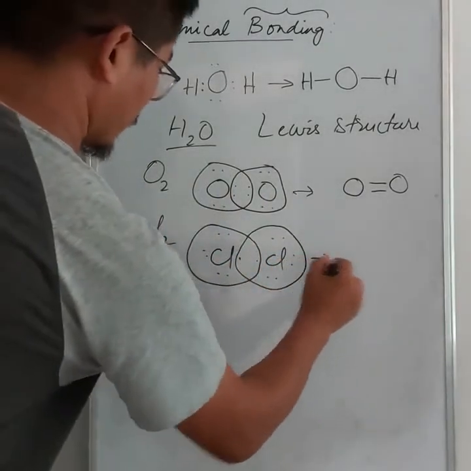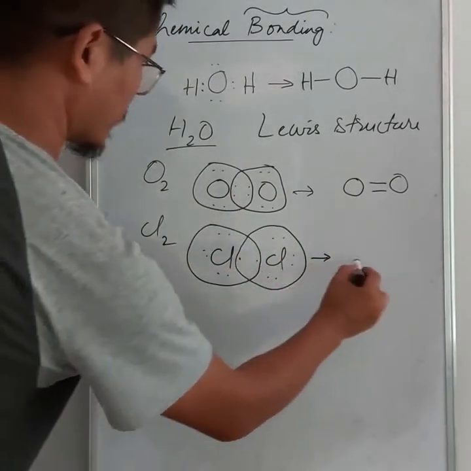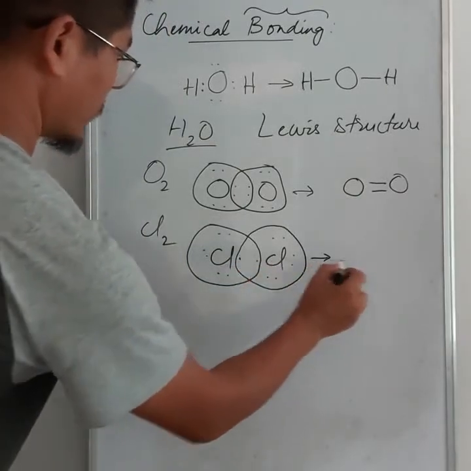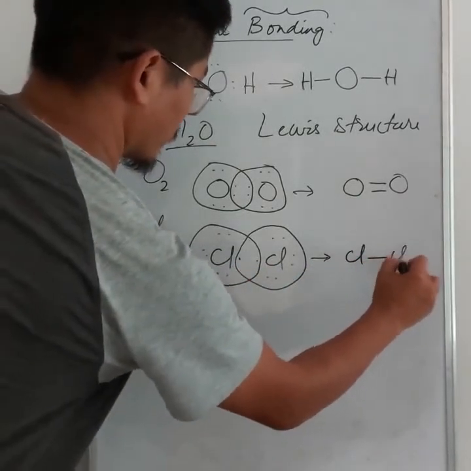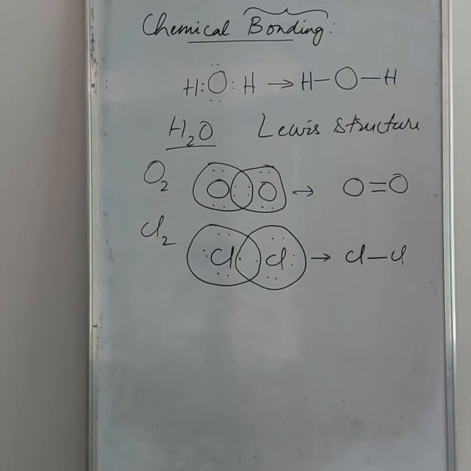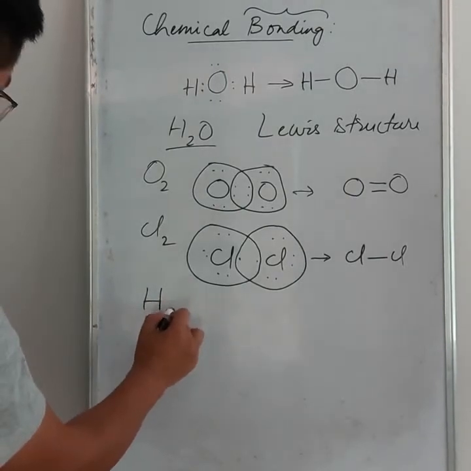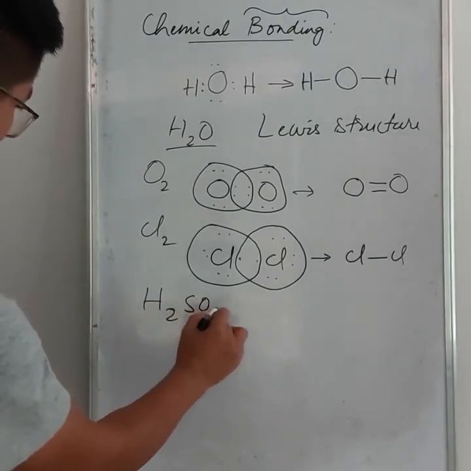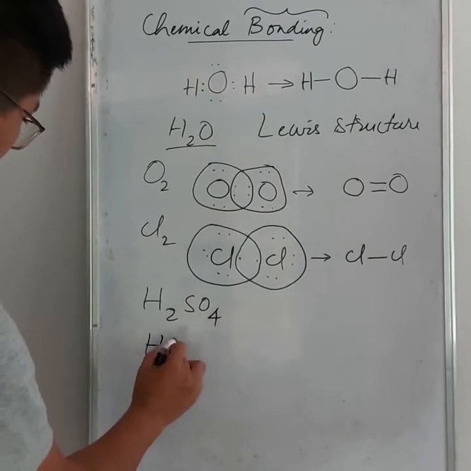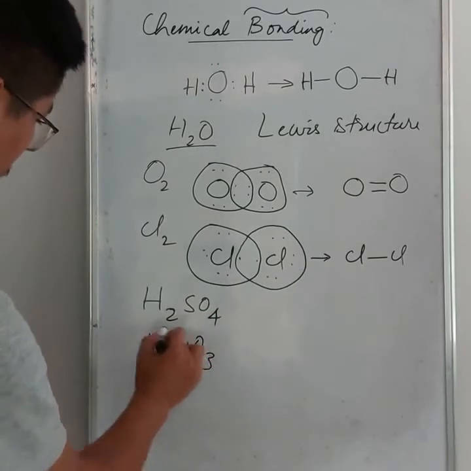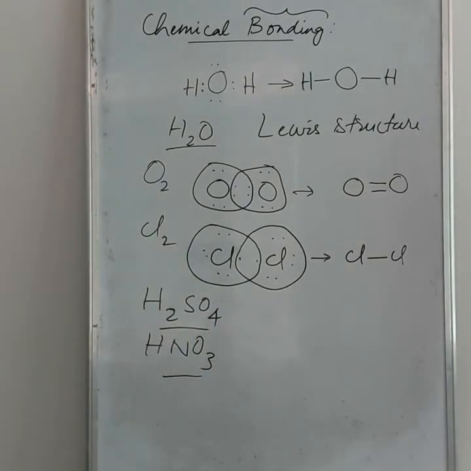Since we have only two atoms, chlorine has only a single bond. So that's how we determine the structure of various covalent molecules. You can try out nitric acid and sulfuric acid. Those two are your assignments.